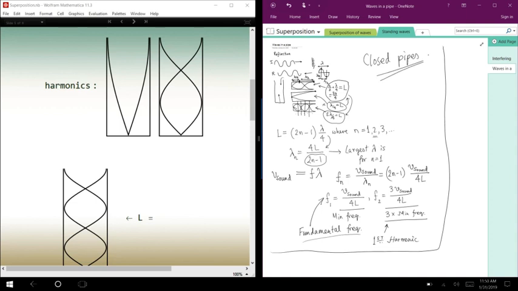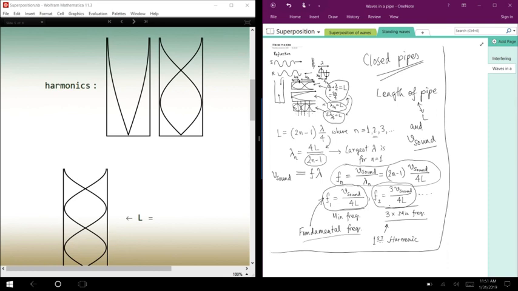And as soon as you know the length of the pipe and the speed of sound, these two will tell you all the different frequencies of sound that you can create with that pipe, and the particular answers are these F1, F2, and higher order situations. So for any n, you can use this formula over here: Fn equals 2n minus 1 times v sound over 4L. That should give you all the harmonics for a closed pipe. Okay, so that's for a closed pipe.